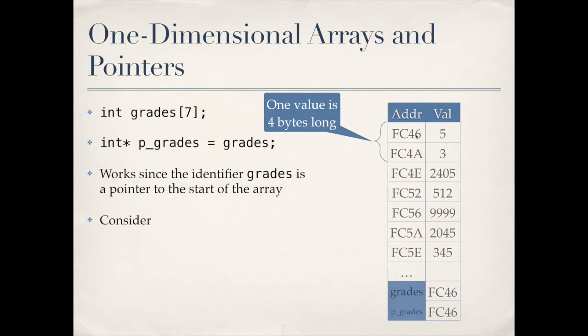So FC46, 7, 8, and 9 are dedicated to store the value 5 because it's an int value and it takes 4 bytes.